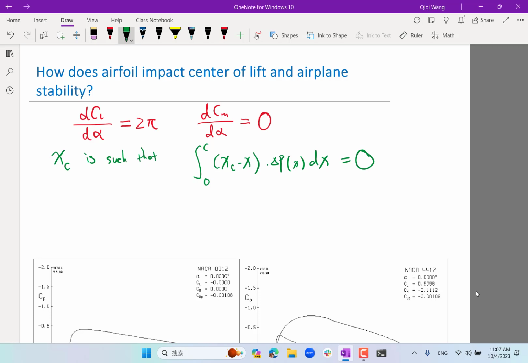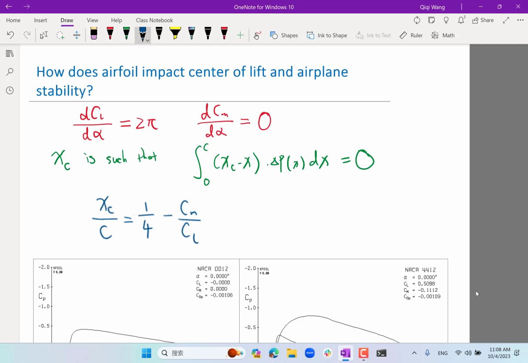That is the moment due to the pressure difference on upper and lower surface, around that point, balances out to exactly 0. And we did a derivation that tells us that xc over c is equal to what? Is equal to a quarter minus cm over cl, right? So that's the result of the derivation.